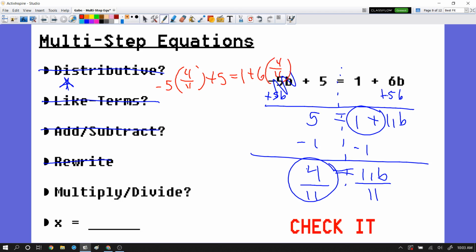If that's as far as you can get with checking a problem, cool. And that means we need to work on multiplying with rational numbers. I want you to understand the concept of when you have an answer that you're able to put it back into the problem. A lot of students will struggle with, if I have the answer 4/11ths, I can't put it in for b. Yeah, you can. This is what it looks like. And then we can work on it from there.